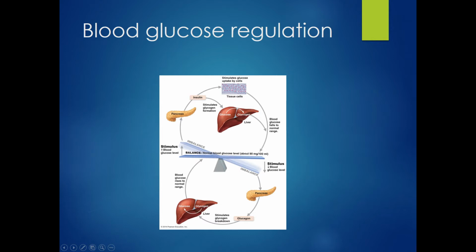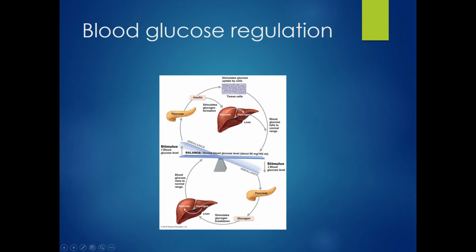It's really important to know that there are no insulin receptors in your brain, which is really good because your brain just takes up glucose by itself and doesn't need the stimulation of insulin to insert those glucose receptors into the cell membrane. When it goes to the liver, we want to convert glucose into glycogen for the storage of glucose within the liver. And these 2 things then are going to cause blood glucose levels to fall below normal range.